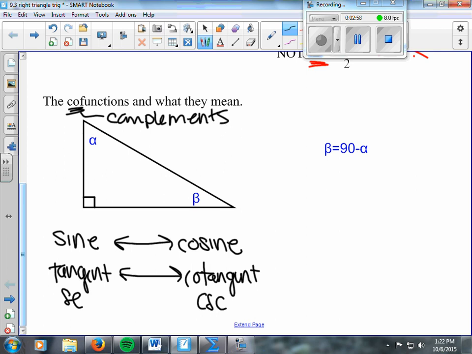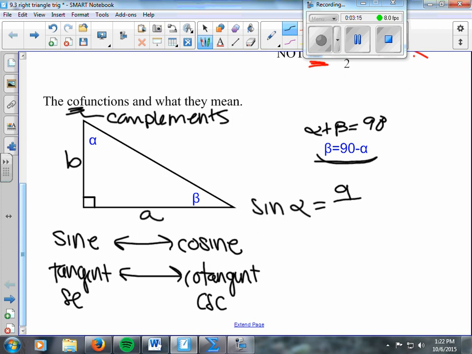And so notice that alpha and beta add up to 90 degrees. When I take the sine of alpha, let me call this A and this B, and let me call this C. That would equal A over C, the opposite over the hypotenuse. And then if I were to do the cosine, not of alpha, but of beta, alpha's complement, right?